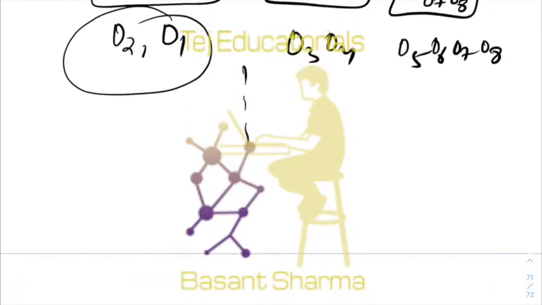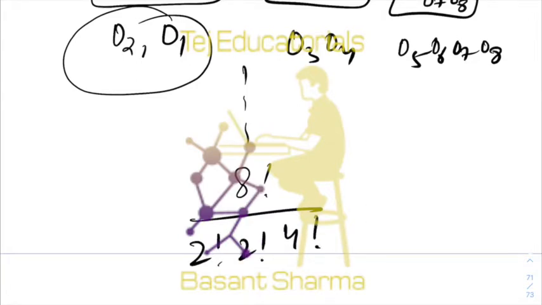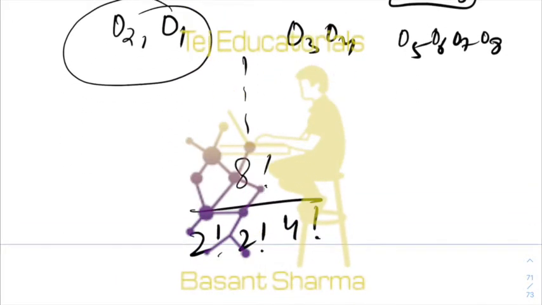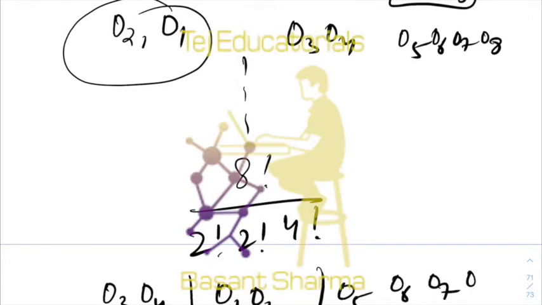So after the first depermutation, we get 8 factorial upon 2 factorial, 2 factorial, 4 factorial. But you could also have the following case. We could also have O3, O4 here, O1, O2 here, and O5, O6, O7, O8 here.